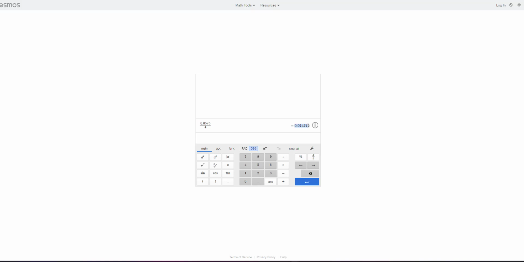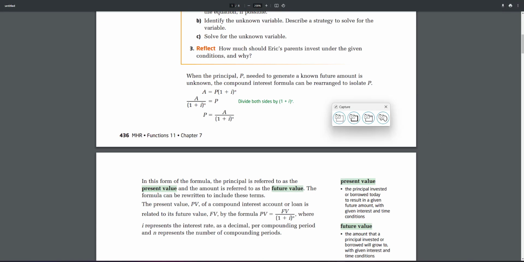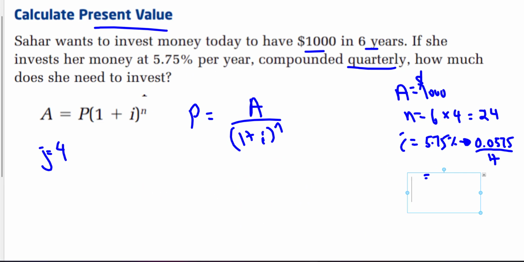Oh man, didn't copy this time. That's fine. 0.014375. All right, so that's my I value when it comes to plugging it into the equation.